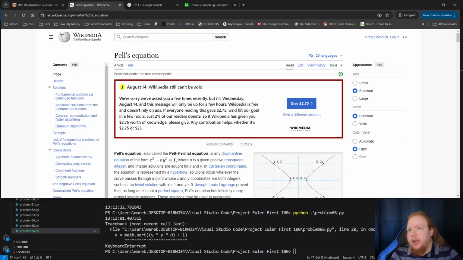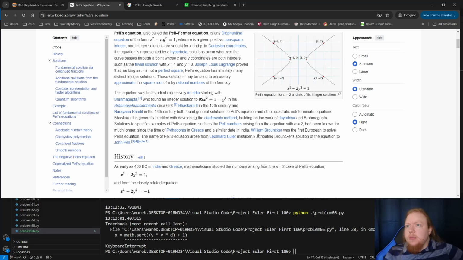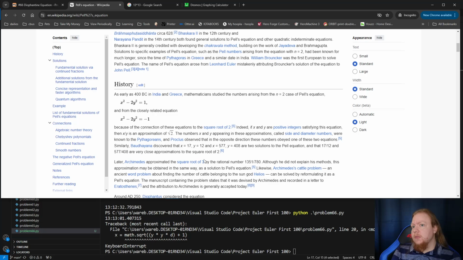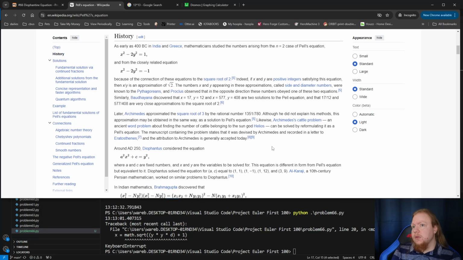Let's check out this Wikipedia article. So it's always of this form. x divided by y is an approximation of the square root of 2.